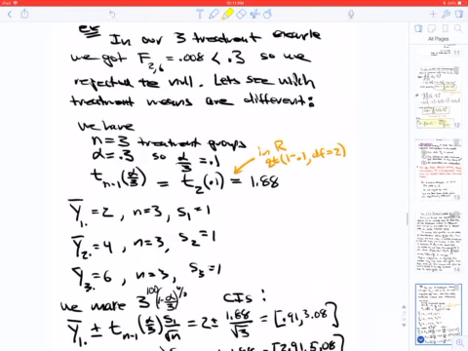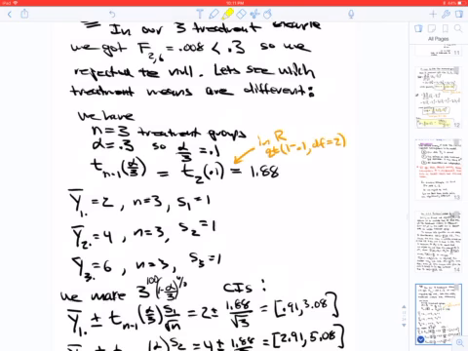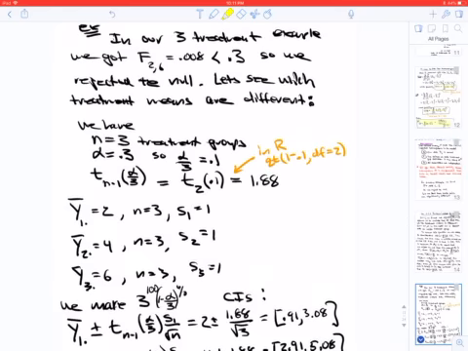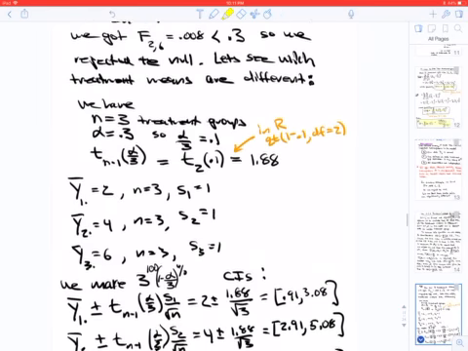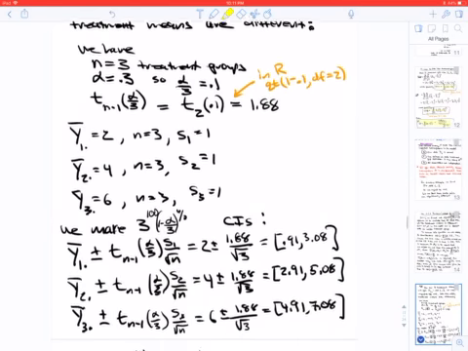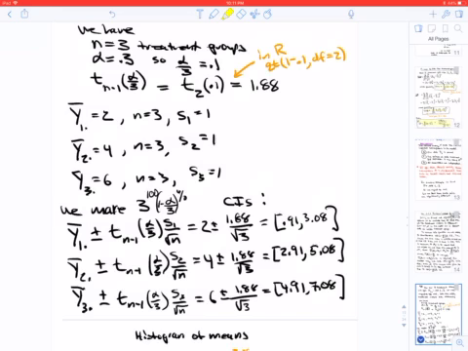Let's just see this in practice here. We have three treatments in our three treatment example. We have alpha, let's say 0.3, so alpha over 3 is 0.1. And our cutoff is t with n minus 1 degrees of freedom at alpha over 3, which is 1.88.